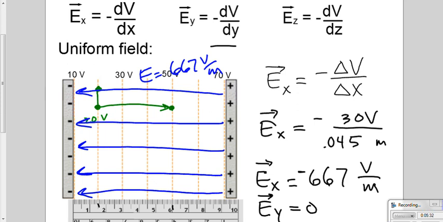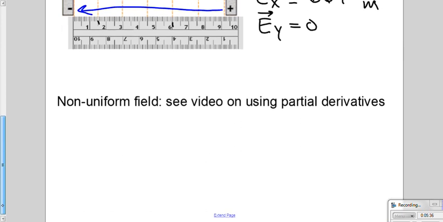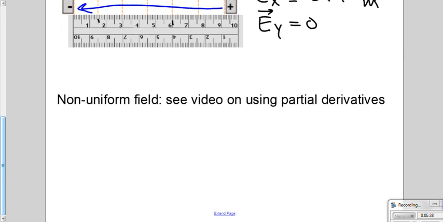So what happens if we have a non-uniform field? Because I've already created a pretty thorough description of this, I'm going to refer you to that. It'll be, if you're on the YouTube channel, on the same channel, or if you're in my class, it'll be on the Google Classroom site or wherever we're storing our videos whenever you watch this.